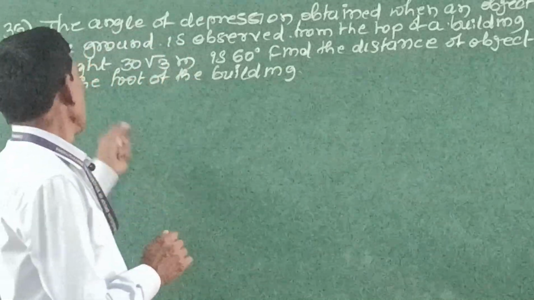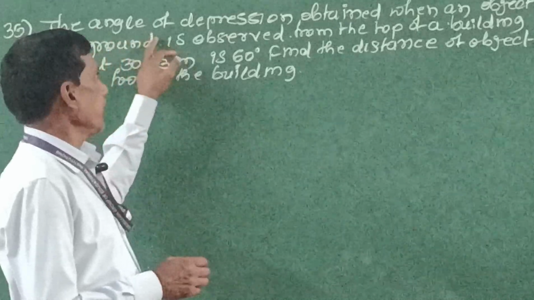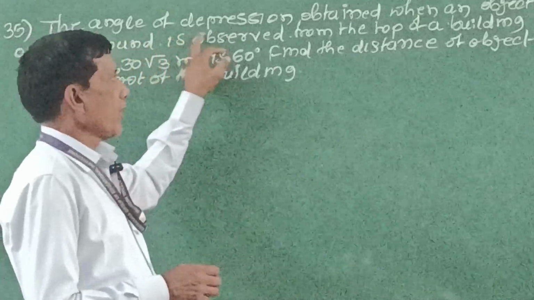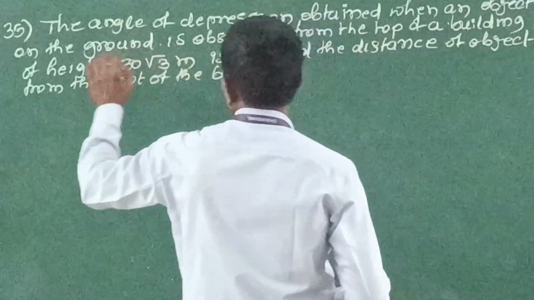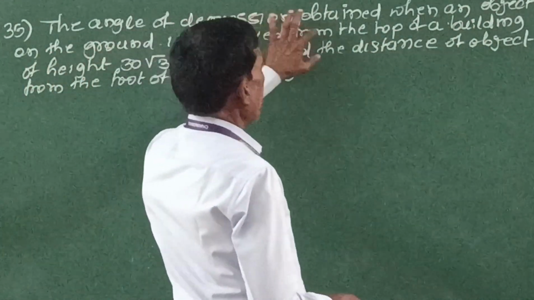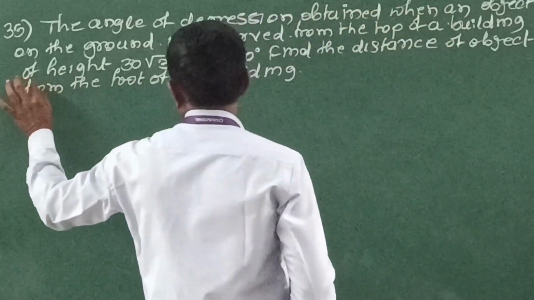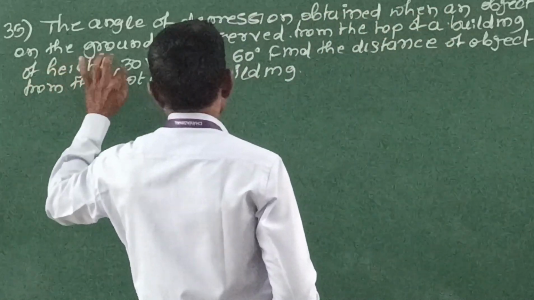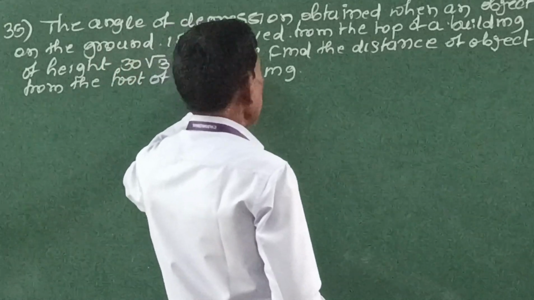The question is given: the angle of depression obtained when an object on the ground is observed from the top of a building of height 30 root 3 meter is 60 degree.